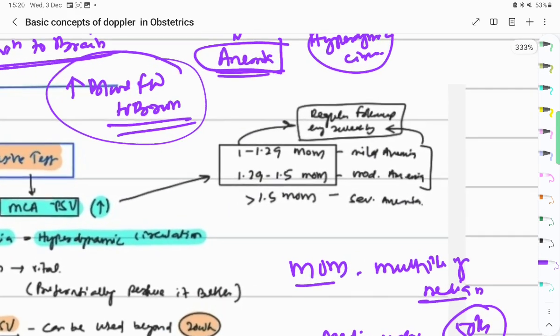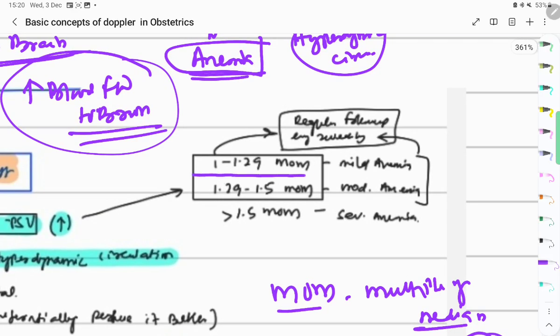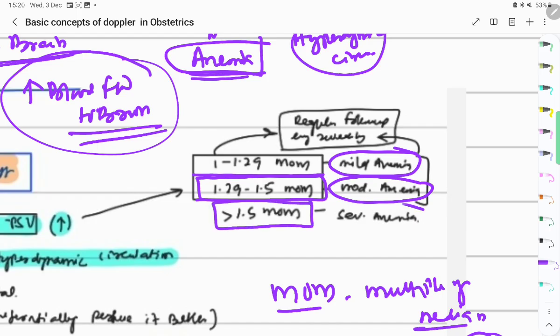There is another point: if the value is 1 to 1.29 MOM, that is mild anemia. For 1.29 to 1.5 MOM, it is moderate anemia, and for more than 1.5 MOM, it is severe anemia. That is why at 1.5 MOM we plan for intervention.